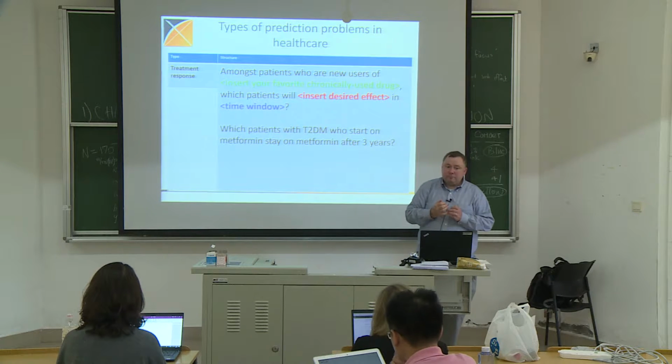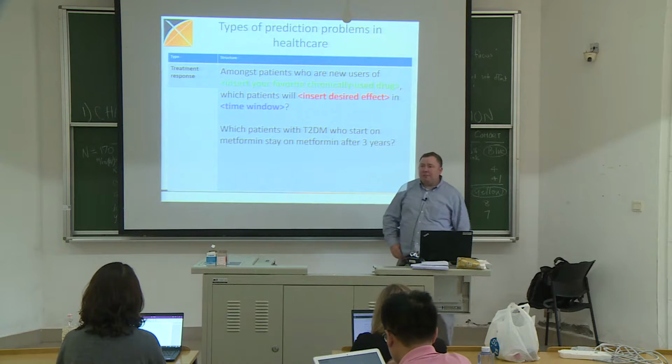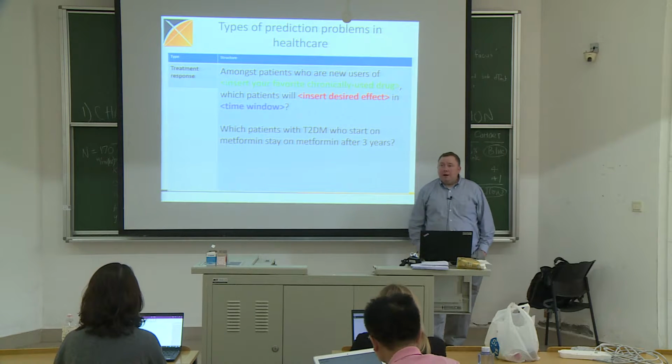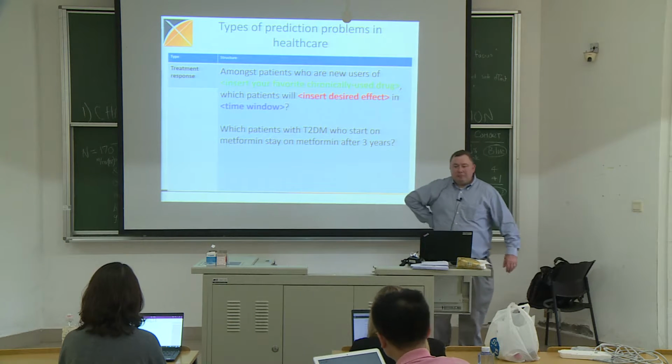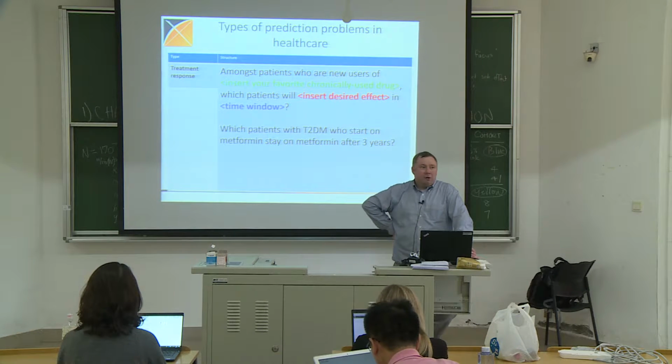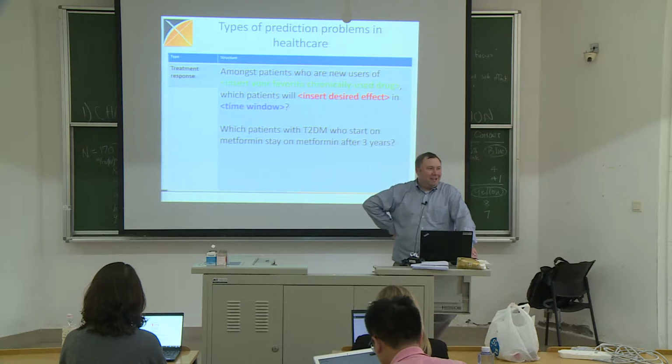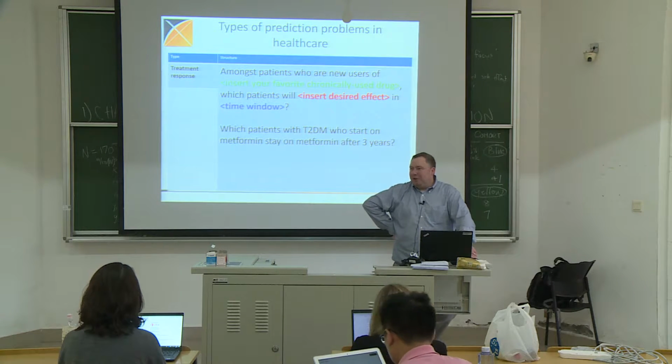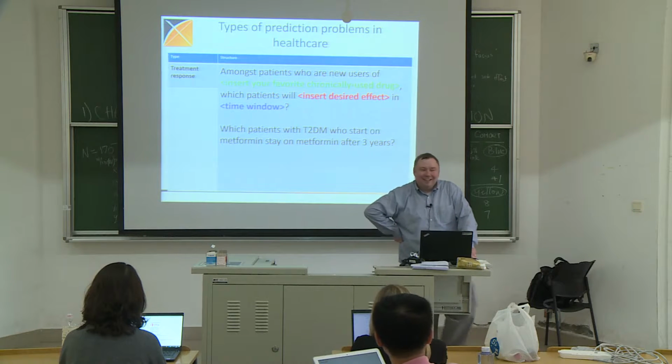Okay. So this prediction problem is important because many times if you as clinicians prescribe a drug to a patient, one of the things that a patient might ask you is, what's the chance that I get better? And it would probably be good for you to be able to provide some sort of useful answer to that question.